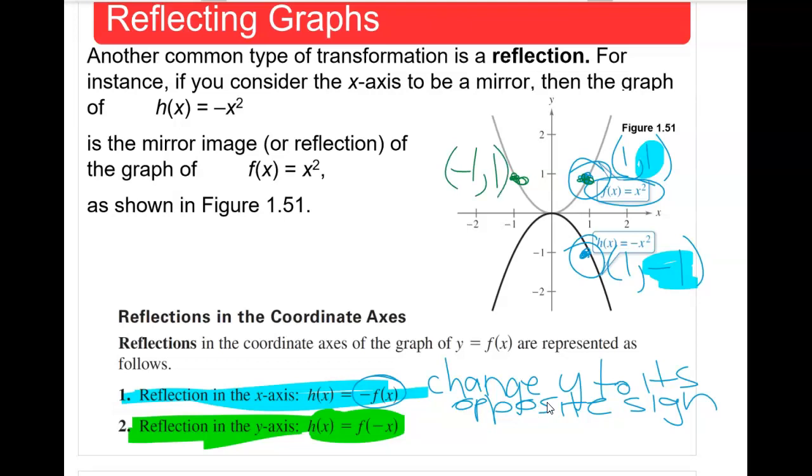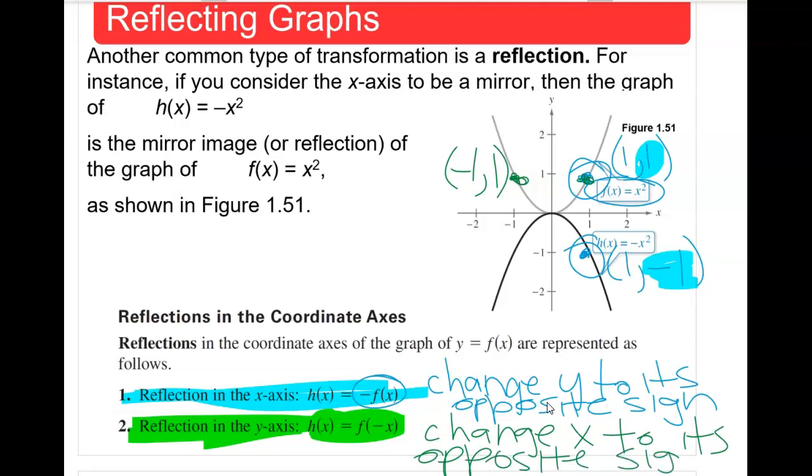So you could see clearly that what changes is the x coordinate. So change x to its opposite sign, meaning that positive x's will change to negative x's, and the negative x's will change to positive x's.